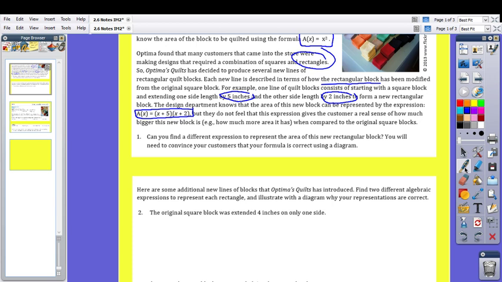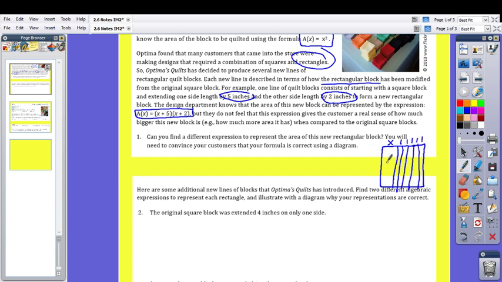It is asking, can you find a different expression to represent the area? So what it is asking is, if you multiply these together, so let's make the quilt out of it. On one side you have x and 5, so x, and then 1, 2, 3, 4, 5. So this is your x, these are 5 of the units or 5 inches.